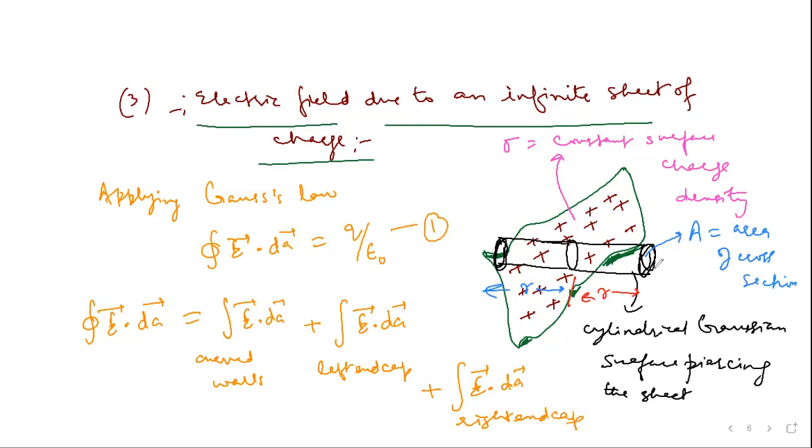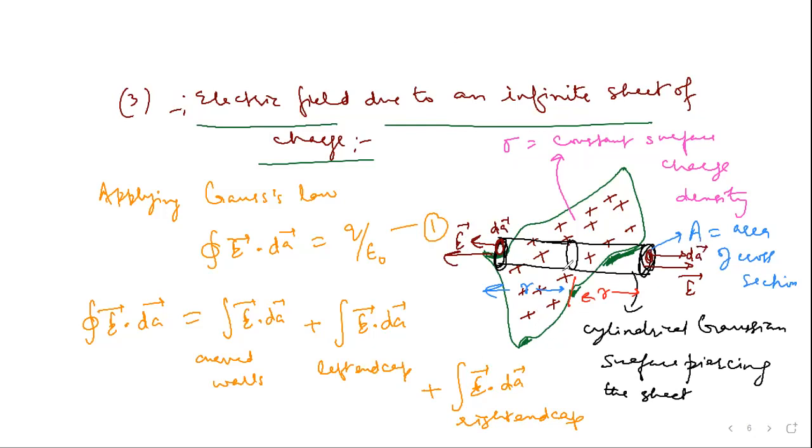Now see, electric field is outward, so only end caps will contribute to the flux. Here electric field is this way, and area vector is also this way. Here electric field is this way, and area vector is also this way.